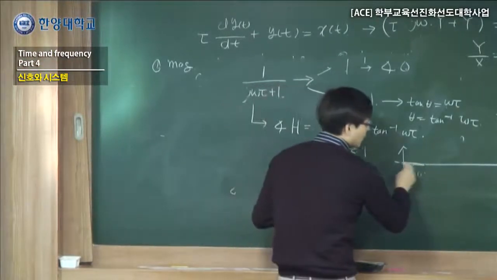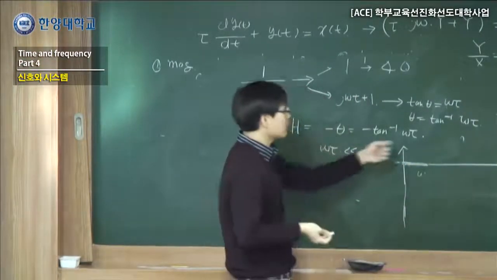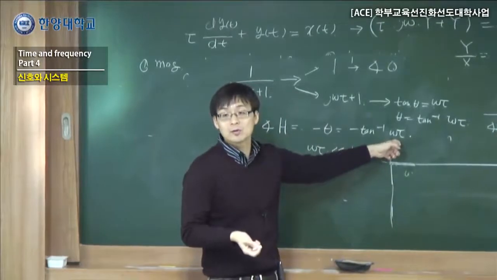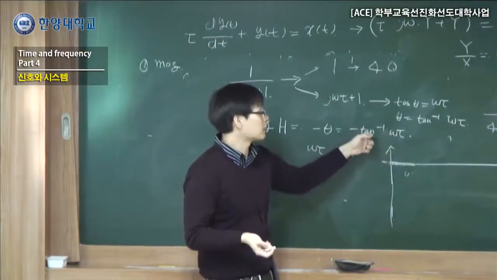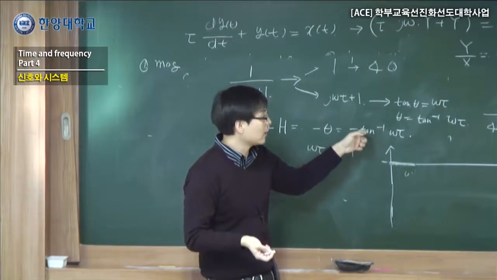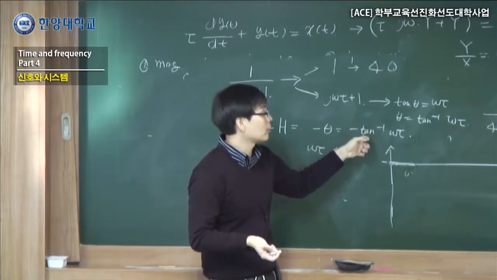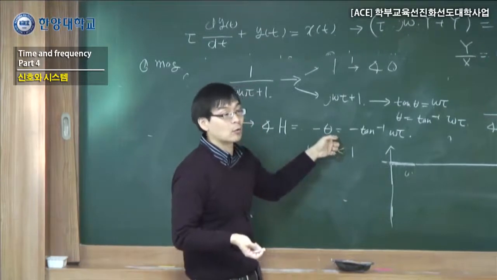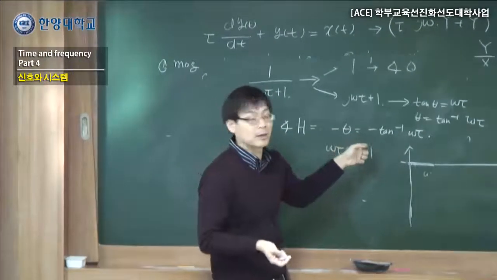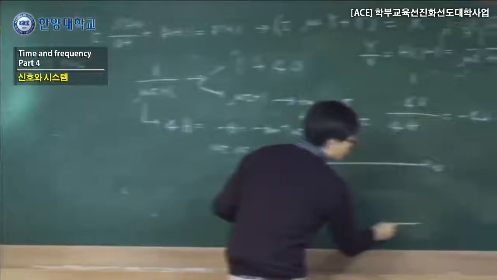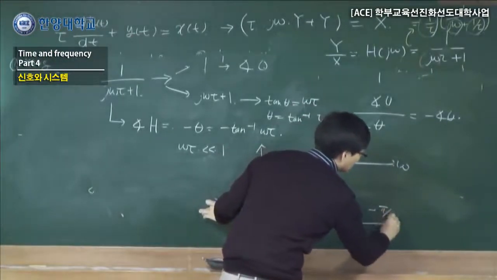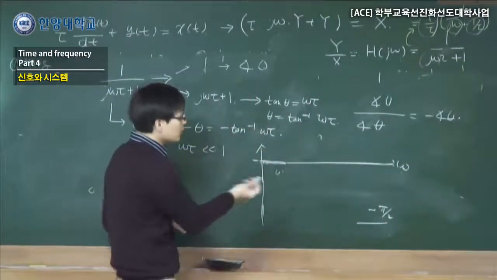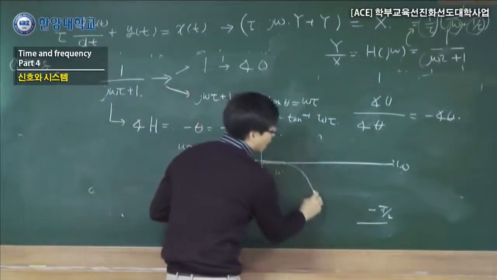So they're starting from 0. When this omega tau is a very big value, almost close to infinity, the theta will be close to pi divided by 2. We have minus in front, so they will be close to minus pi divided by 2. So they reach minus pi divided by 2 when omega is very big. In between, just follow like that.